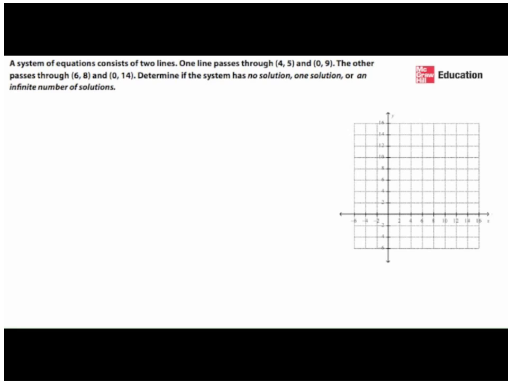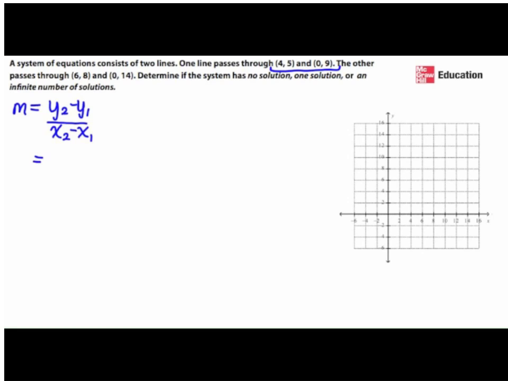So the first line that passes through 4, 5 and 0, 9, first we'll find the slope, and the slope can be found by the change in y divided by the change in x.